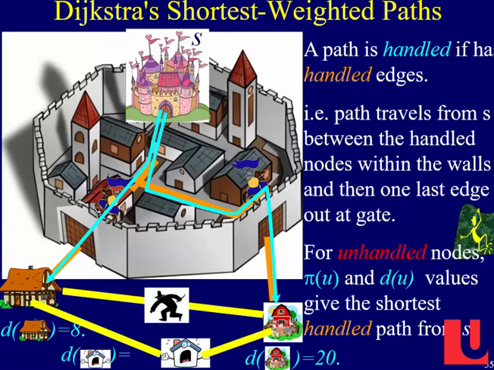Infinity. Why is it infinity? It's because there are no handled paths to it. This is not guarded, these are all not guarded. So there are no handled paths to it. So his d value is infinity, and his pi value, it doesn't matter what his pi is.